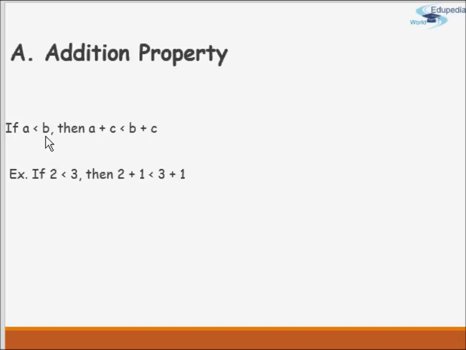If you add 1 on both sides, like we have done in the example over here, it becomes 3 is less than 4. If you add 10, you're going to get 12 is less than 13. Sorry, 12 is less than 15. Whatever inequality you have, if you add the same thing on both sides, you're going to get the same inequality.